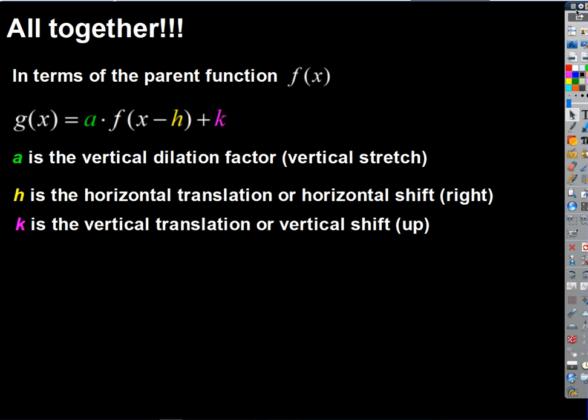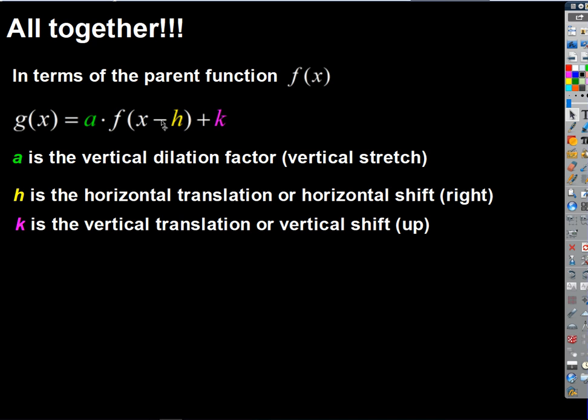Wouldn't h be positive? And you'd add, like if I want to go right by 2, I would just do x plus 2. Without thinking about it initially, everybody says that, right? The first time you think about it, and then you realize, okay, it doesn't work that way. Well, why didn't it work that way? It didn't work that way because you get this opposite effect inside the function, right?